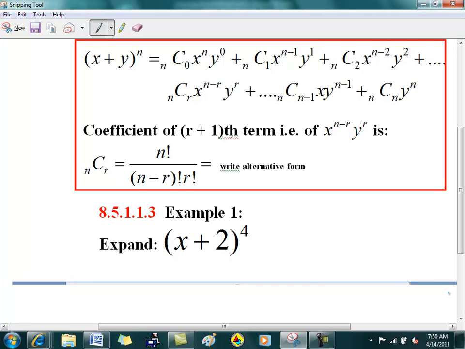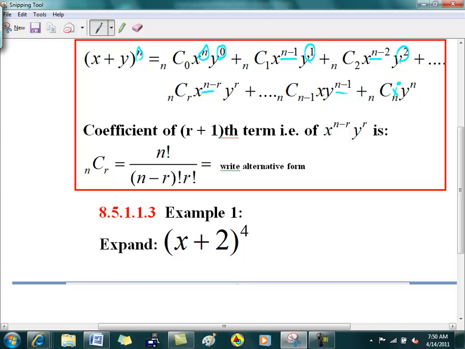Notice what's happening: x starts out at n, where n is the exponent, and it goes down by 1 until there is no x. When there is no x, remember it's equivalent to x to the 0, and x to the 0 is 1. When x is to the n, y is to the 0, and then y increases by 1.